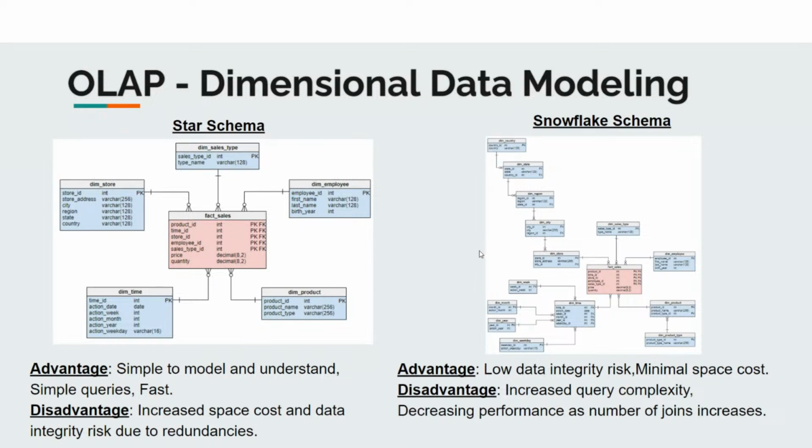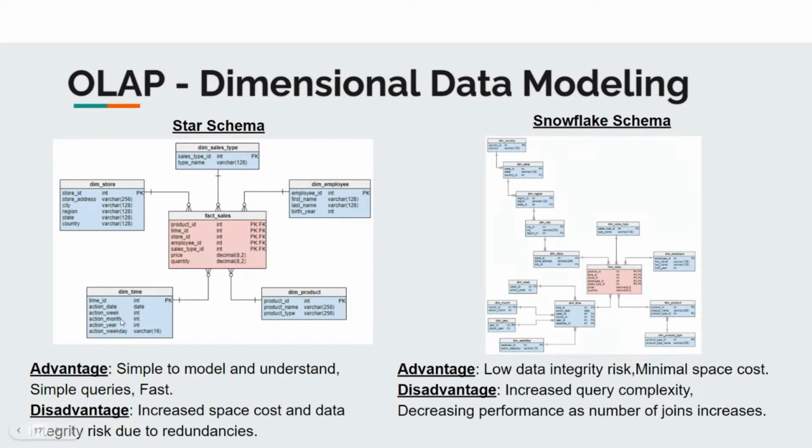So of the two most common, the star schema is by far the most common. It's a very simple, straightforward design where you have your facts, or your measures. So you have your primary keys, and then you have price and quantity: your sales price and your sales quantity. And then the dimensions are like your nouns: your store, your sales type, your products, your employees, or your time.